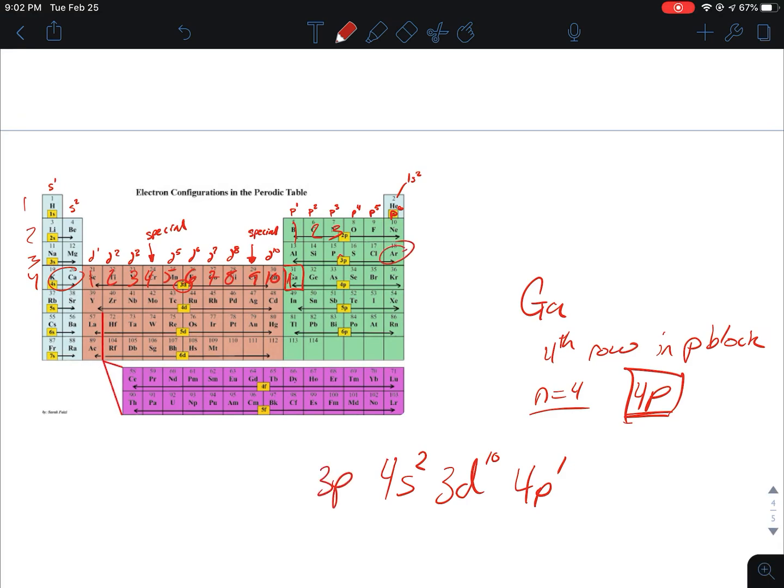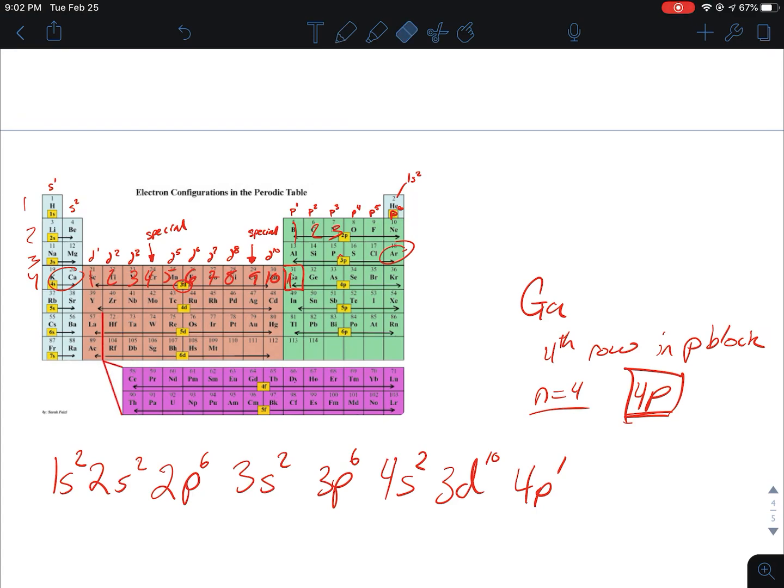It's past argon, so it has all of its 3p electrons, so it's got 6. It's got all of its 3s electrons, that's 2. It's got all of its 2p electrons, that's 6. It's got all of its 2s electrons, that's 2. And it's finally way past its 1s, so it has all of its 1s electrons, that's 1s2. So that system works too.